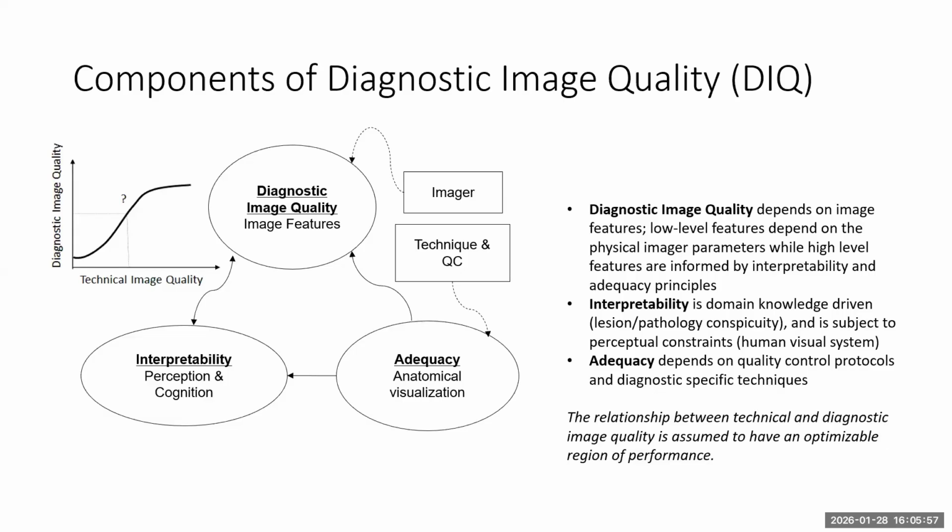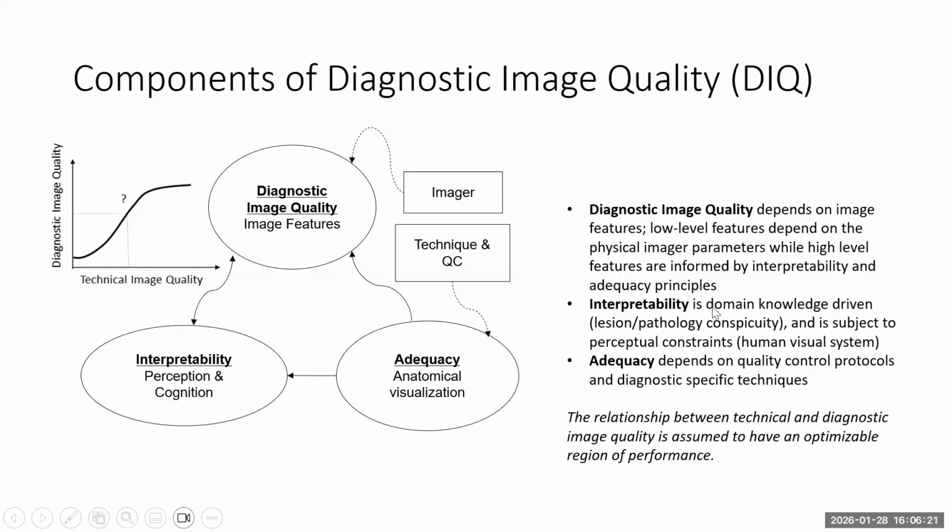So for starters, image quality in general is considered a function of the pixel features of the image. So you have essentially computable features that can be obtained from whatever the imager is doing.